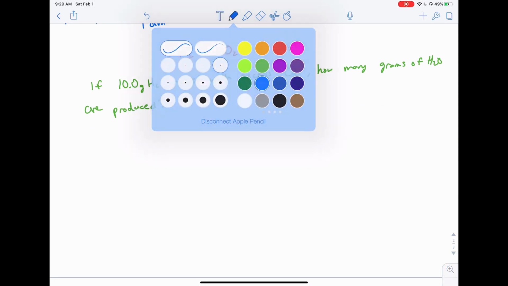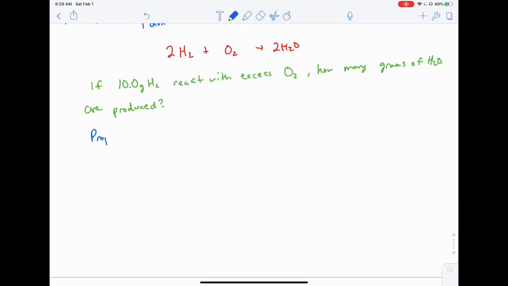Now, we could do the proportion method, and we're starting with 10 grams of H2. What do we have to convert our H2 to? Moles. Everything's always to moles. If it's in moles, then you're already 1 step ahead of the calculation. But here, we have to convert this to moles.